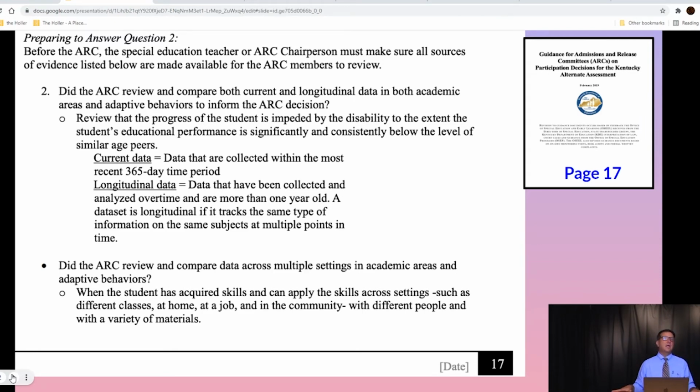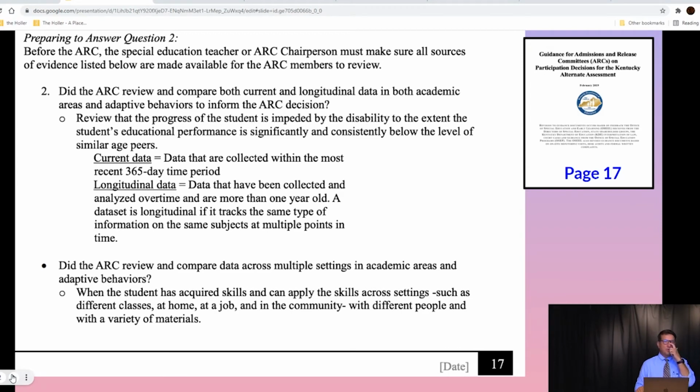Now look at this comparison here, or this description of current data. It's data that's collected within the most recent 365-day period, and then the data that's collected longitudinally is going to be collected over more than 1 year. And so we need to think about both looking at those long-term and those short-term representations of the adaptive and cognitive scores.